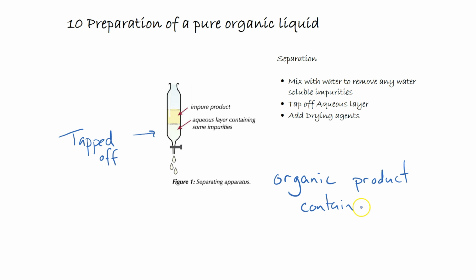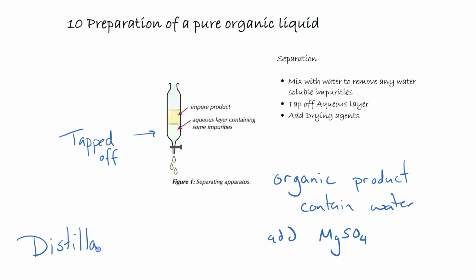So once we mix our organic layer with aqueous solution to remove the soluble impurities, we tap off the aqueous layer with the impurities, and then we add magnesium sulfate finally as a drying agent to remove any excess water in our organic layer.